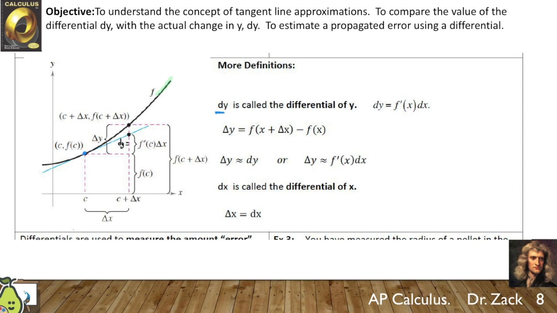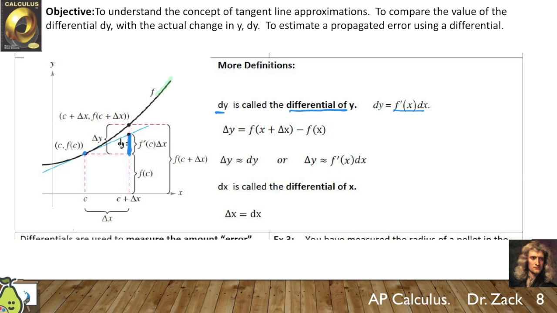dy is called a differential of y. And dy is equal to the derivative multiplied by dx. Notice that dy is the length of the line that I'm drawing in blue. Delta y is the difference of f of x plus delta x minus f of x.